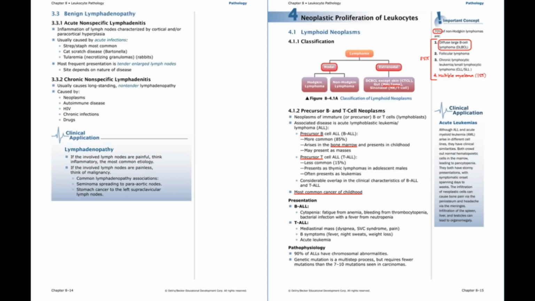Our T cell ALLs are much less common, and think T cell. What is the natural home of the T cell is our thymus, and that's where these present. And they're in an older age group. They're not presenting in childhood before grade 1. They're presenting in adolescent to young adult males. And because they're presenting in the thymus, they can present as mass effect.